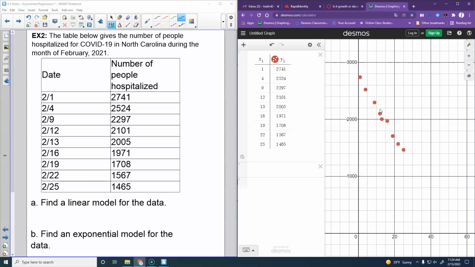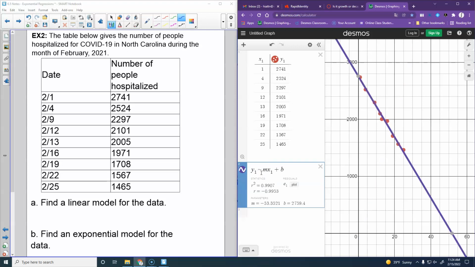So this is where it's really helpful to have the calculator to tell you what fits best. And then also sometimes you just need your common sense to see what patterns are going to do. So let's do linear first. So y1 squiggle mx1 plus b. All right, so we just type in y1 squiggle mx1 plus b.